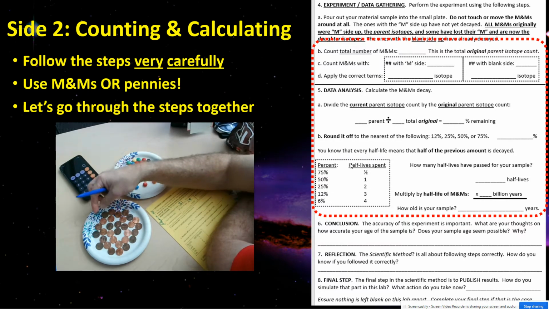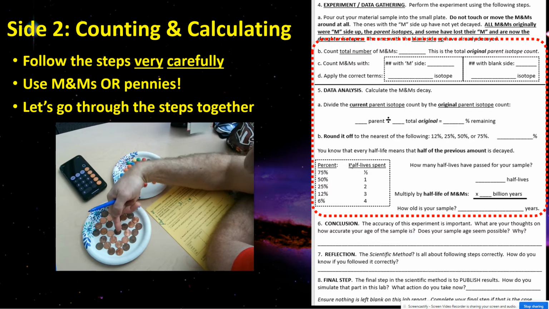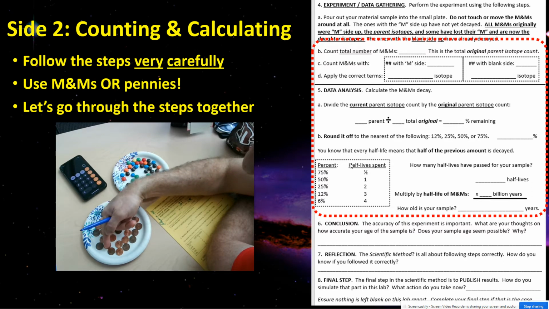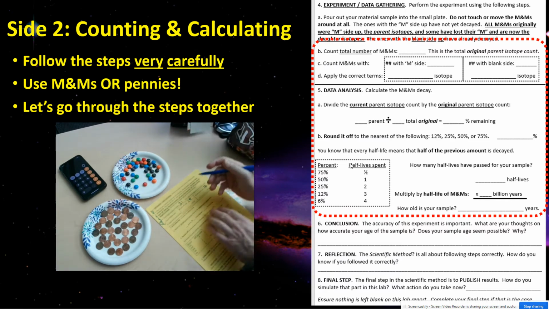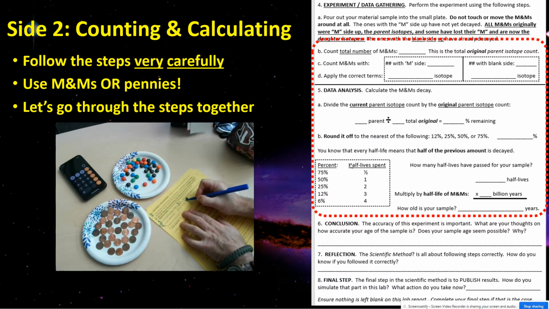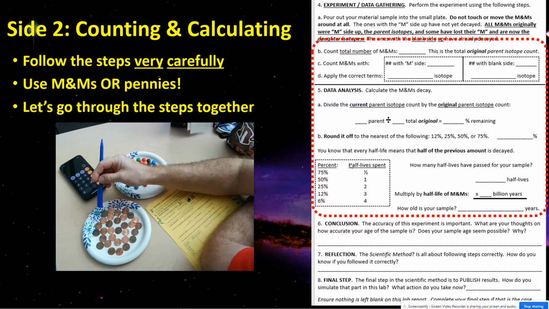Let me do this again. 1, 2, 3, up to 16. Okay, now my M side up is getting 16. Okay, and my tails should be 15 this time. I really miscounted. All right, here we go with the tails.